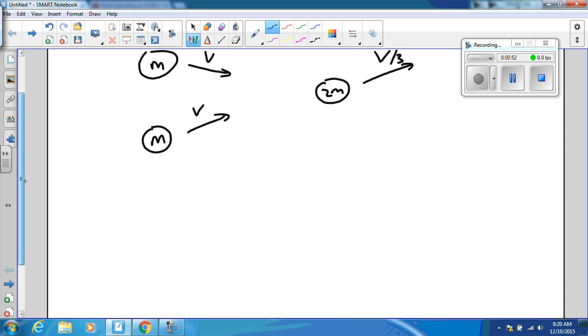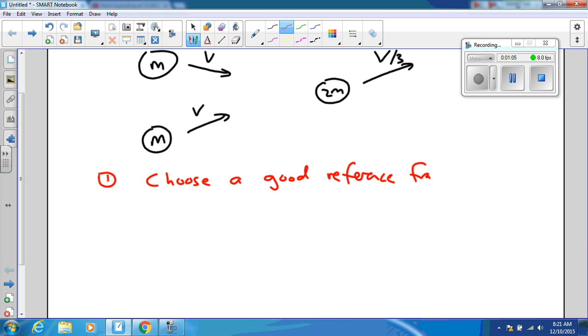And there are 3 ideas that I want to get across here. The first idea is choose a good reference frame. And the second idea that I want to get across is that you, as the problem solver, have the option of choosing polar or rectangular, whichever is most convenient for you.